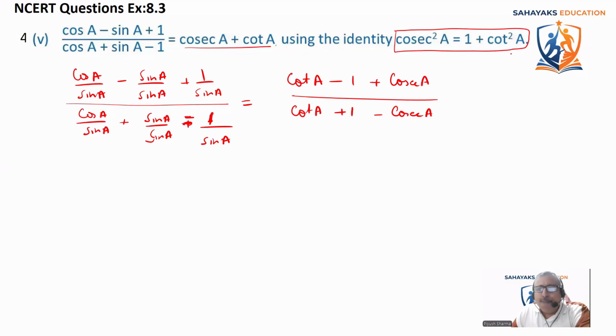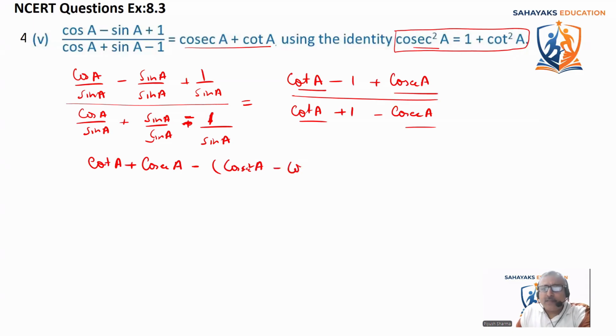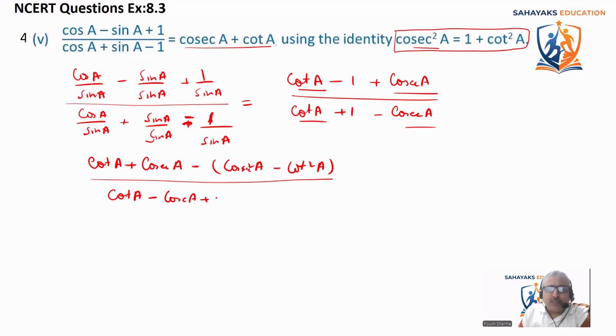So what we're going to do is we'll write cot A plus cosec A. Instead of 1, what we are going to write is cosec square A minus cot square A, divided by, so we have replaced by 1, cot A minus cosec A plus 1. Okay, so this is in the denominator.